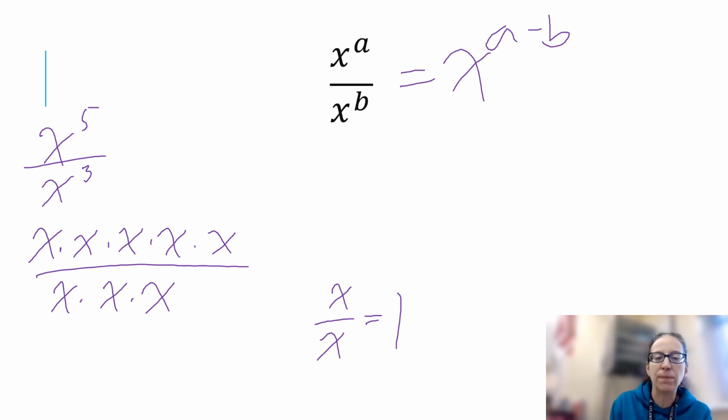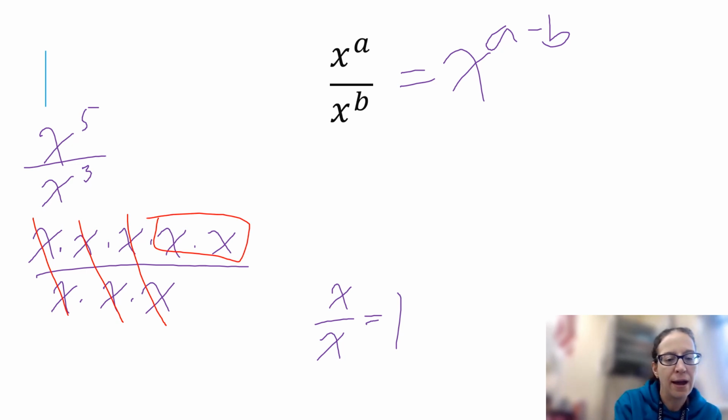And usually in these problems, that'll be in the directions somewhere. Okay, so that's actually why your x's cancel out. Because if you do x divided by x, that's equal to 1. And what does it mean to multiply something by 1? That doesn't do anything. Leaving me with x times x, better known as x squared.